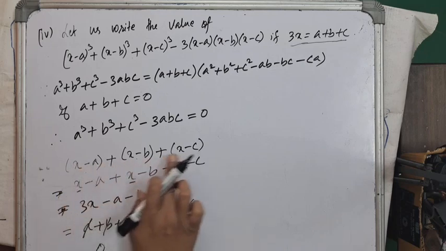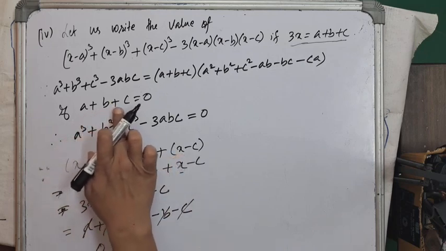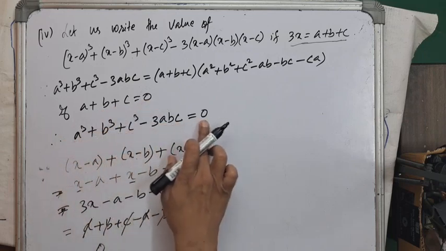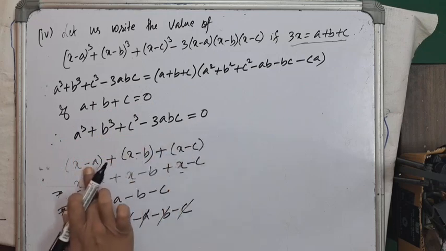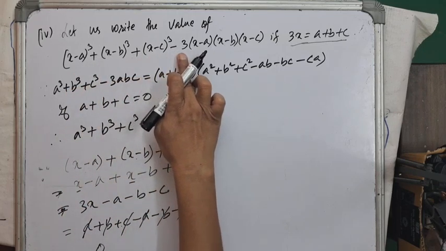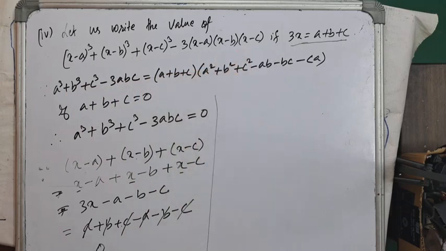If a plus b plus c is 0, then a cube plus b cube plus c cube minus 3abc must be equal to 0.